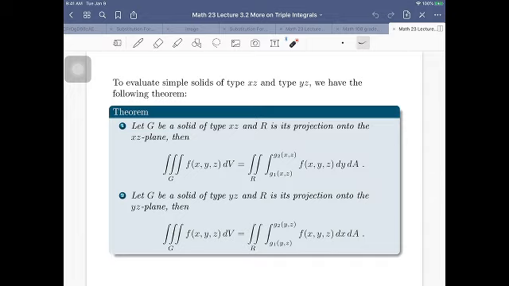And in the same way, the triple integral of a function over a solid of type yz can be written as a double integral over the region in the yz plane of a single integral with respect to x, dA. Okay? So in the next part of our lecture, we'll look at concrete examples of how to solve the triple integral of a function over solids of type xz and yz.